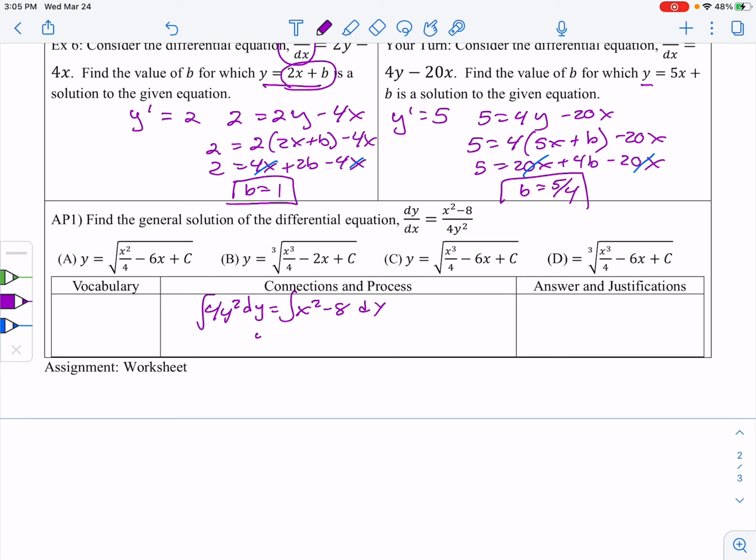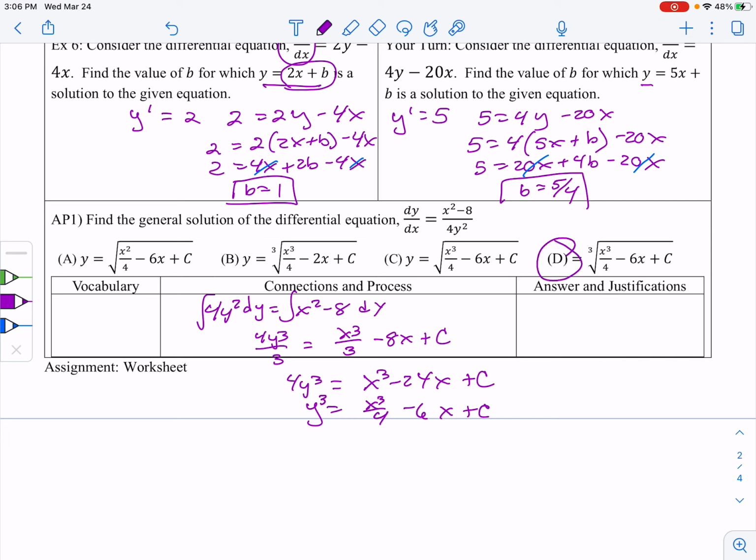This is 4y cubed over 3 equals x cubed over 3 minus 8x plus c. So I get 4y cubed. When I multiply by 3, it's x cubed minus 24x plus c. You don't have to multiply the c, remember? And then you divide by 4. Minus 6x plus c. And you take the cube root. So d is your answer.